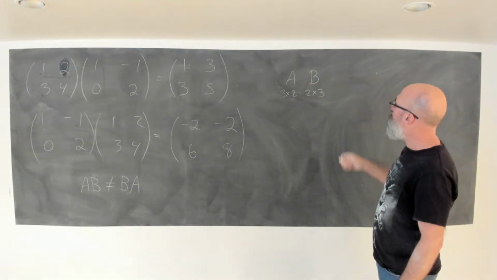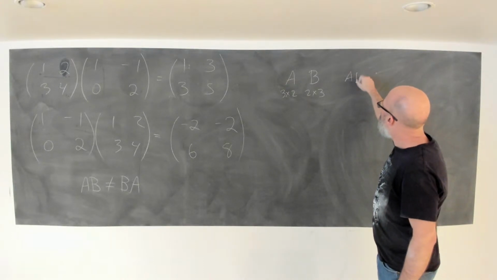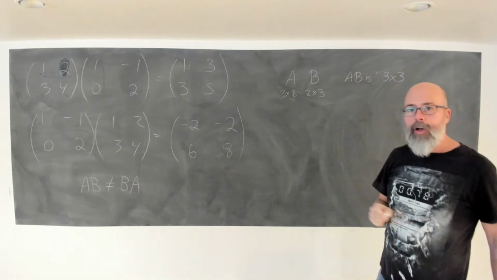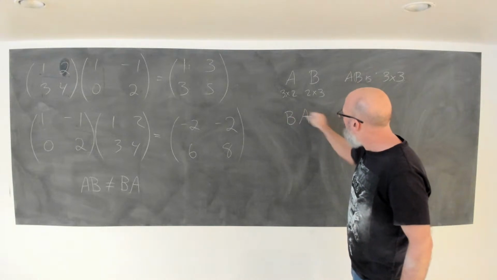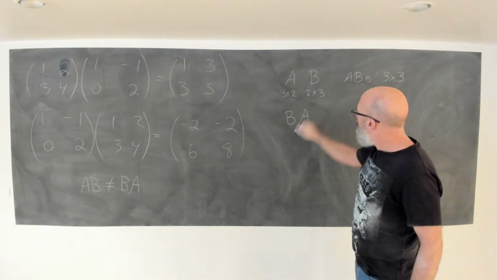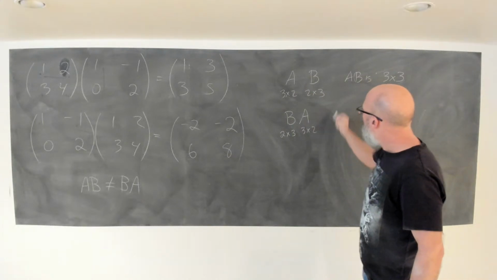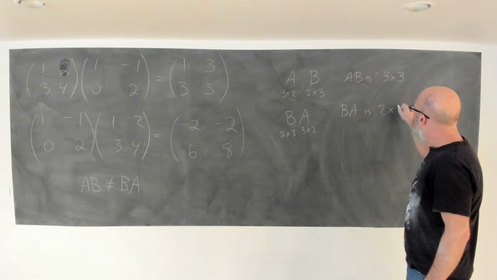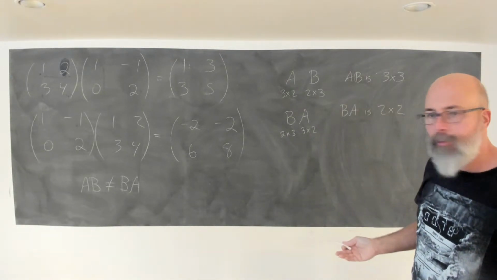Here the product AB would be defined and the resulting matrix would be 3x3. And if we did the opposite, B times A, B was 2x3, A was 3x2. So here, BA would be a 2x2 matrix. The sizes wouldn't even be the same.